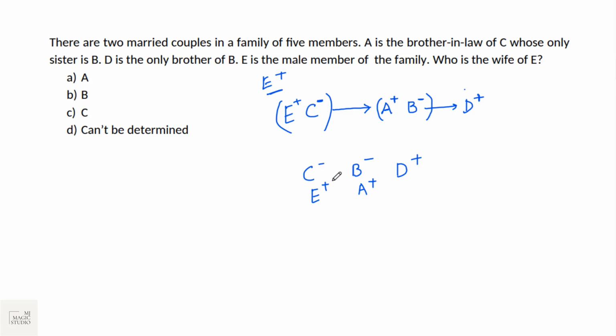Again, A is brother-in-law of C, correct, whose only sister is B. D is the only brother of B, E is the male member, so we have 2 married couples. Who is the wife of E? C is the wife of E.